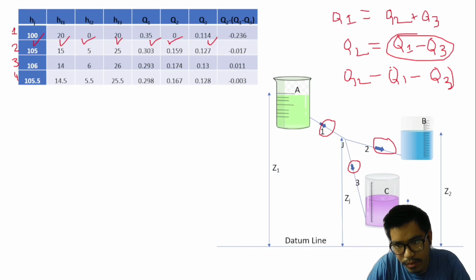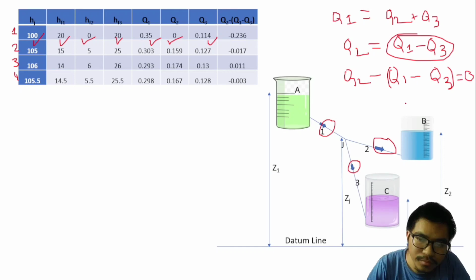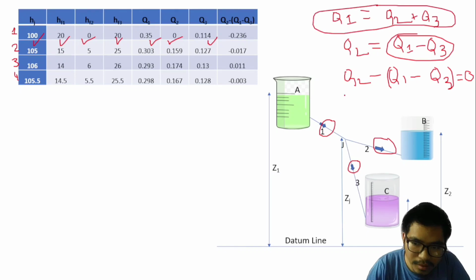By this continuity equation we have derived that Q2 minus (Q1 minus Q3) should be equal to 0. So if this value comes near to 0, then we stop the iteration process.